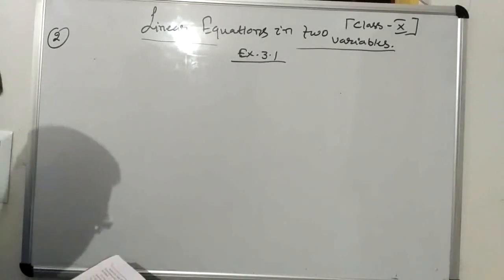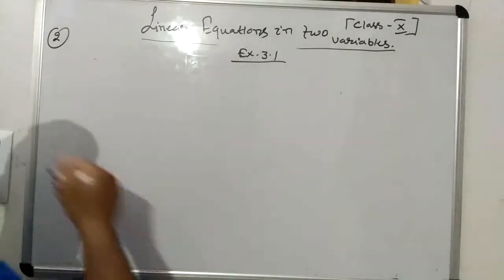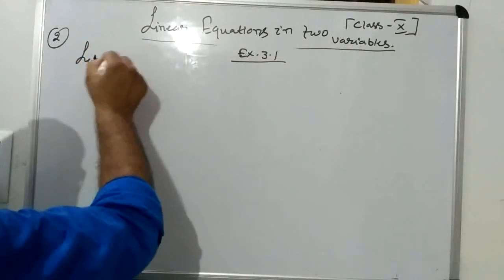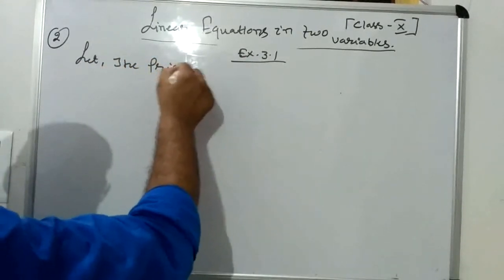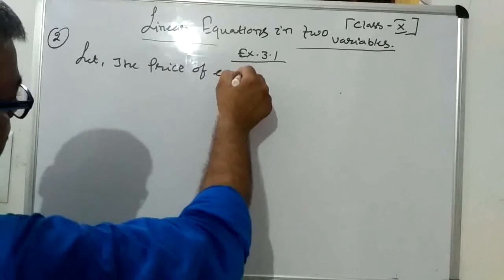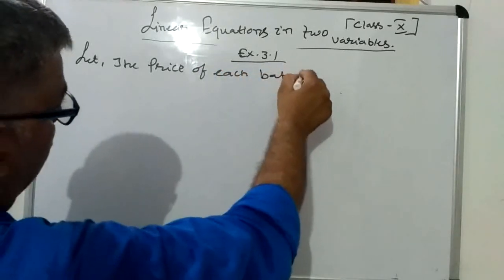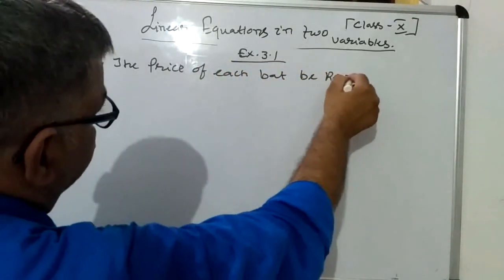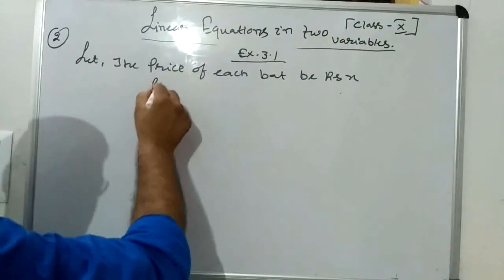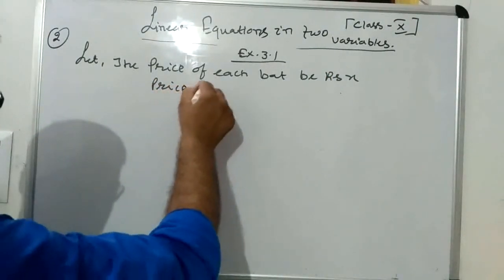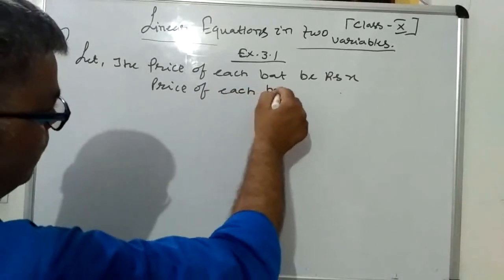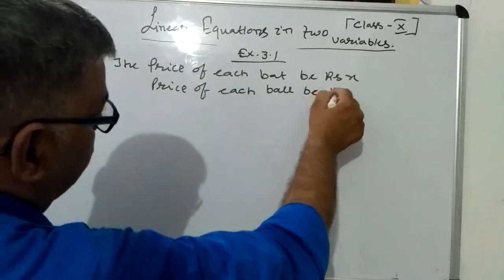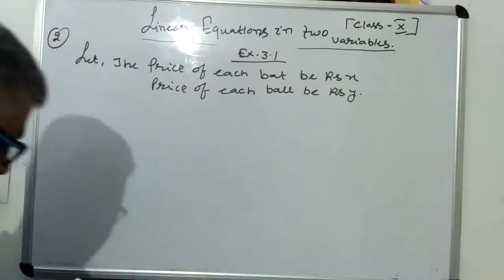So the coach of a cricket team buys 3 bats and 6 balls. Let the price of each bat be rupees x, and the price of each ball be rupees y.